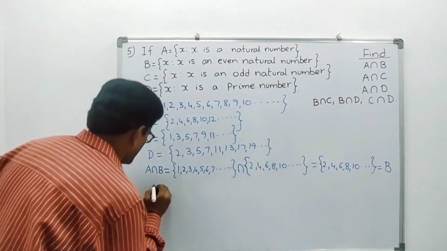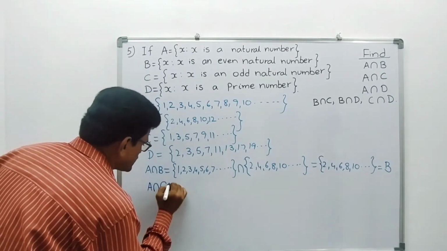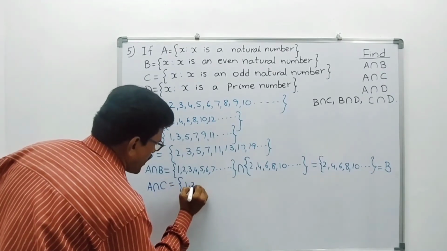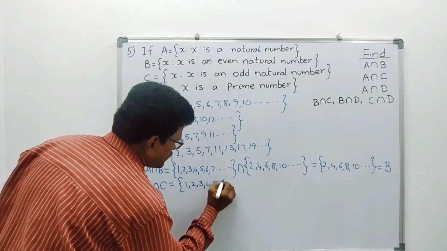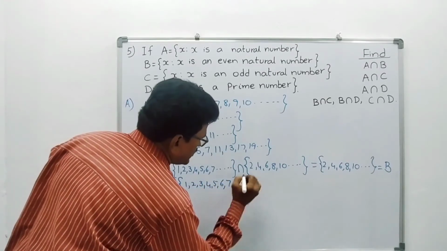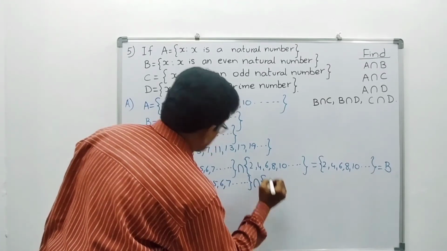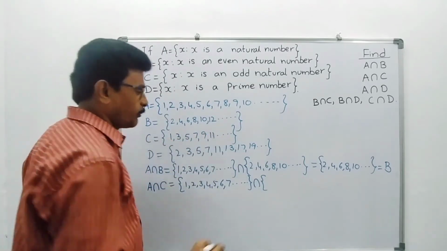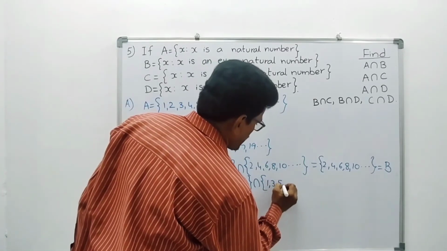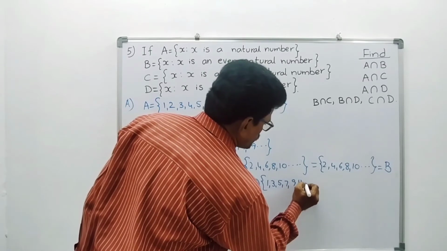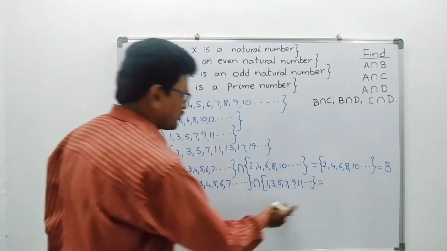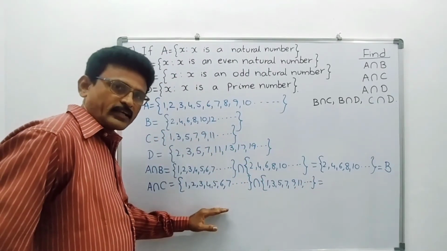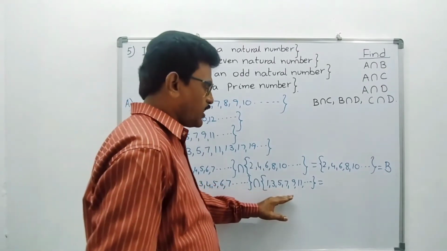Now next, A intersection C. First write down the elements of A: 1, 2, 3, 4, 5, 6, 7, and so on. Set A intersection. Now C. C is the odd number list: 1, 3, 5, 7, 9, 11, and so on. So see, all natural numbers are there, here only odd numbers are there.